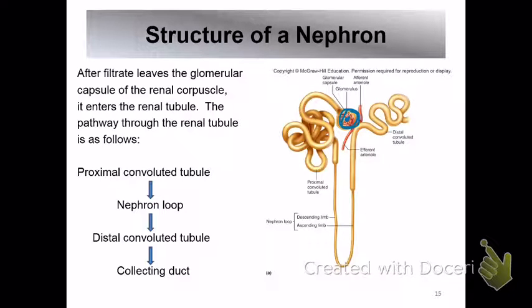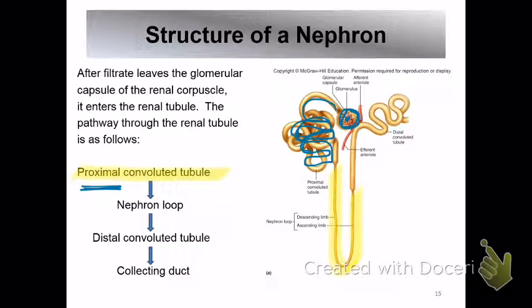Okay, then you've got right here, right next to the glomerulus, proximal, next to this folded up thick tube, and we call that the proximal convoluted tubule. So it's proximal, it's close to the glomerulus, convoluted, all folded up tubule. Okay, then you've got the nephron loop, which is this part right here.